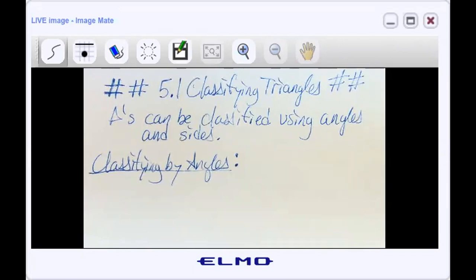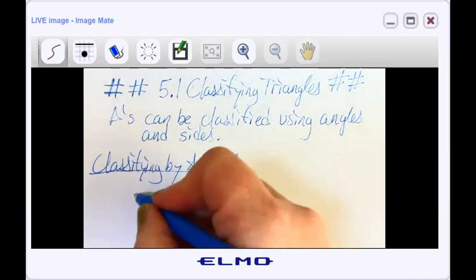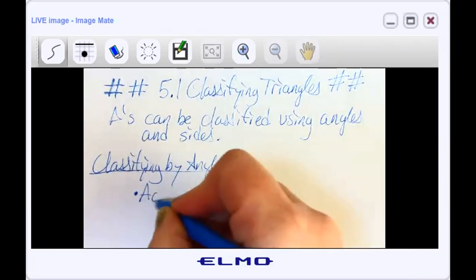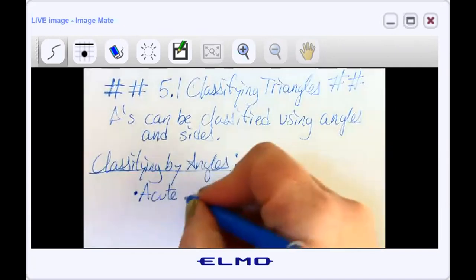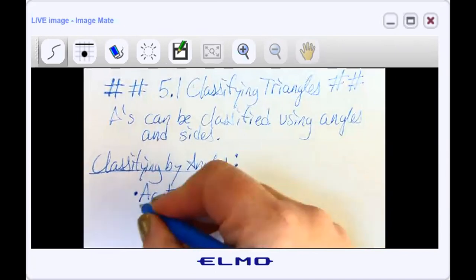Once I start telling you them, you'll remember all the other ones. Or do you know before I even tell you? You'll know when I say it. So the first way is going to be acute.